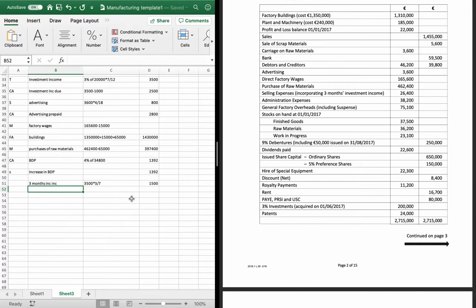So 1,500, that gets added on to our selling expenses. It would have been easy enough to miss that, but you would have come across it putting your numbers in. So you add that 1,500 onto your selling expenses, which is 26.4.